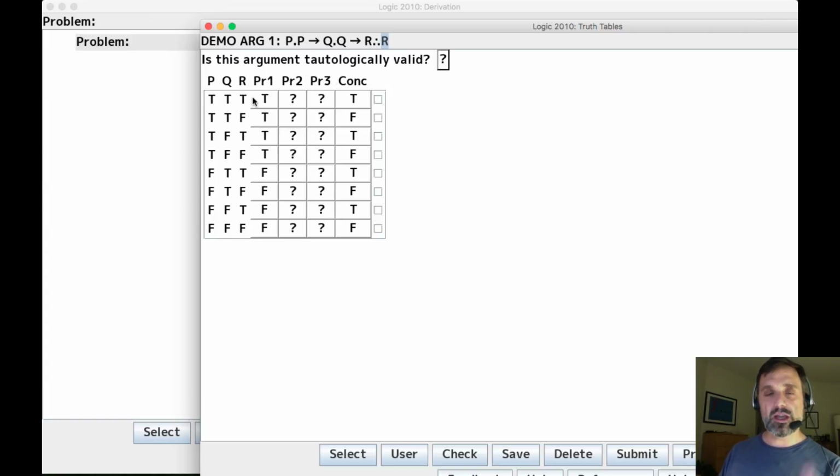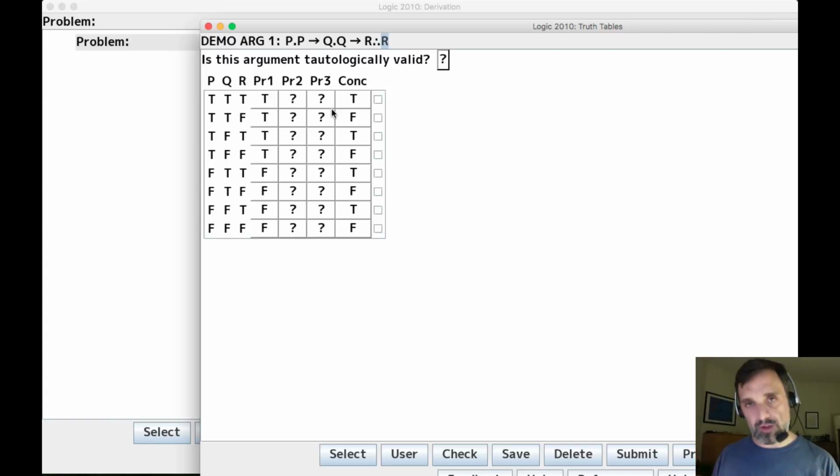What we want to know is, if the sentence letters have these truth values, then if the premises are true, is the conclusion also true? If the sentence letters have these other truth values, then if the premises are true, is the conclusion also true? So what we care about is, are all of these true, and is this false or not? And we have to look at each row, so for each combination of these. You want to distinguish between the truth values that the sentence letters get and the truth values that the premises get. So, okay, good.